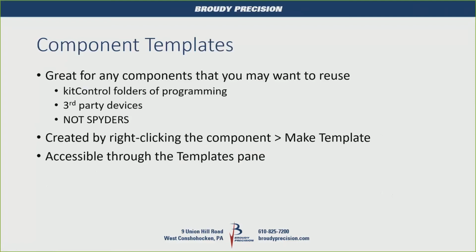I wouldn't recommend doing it on spiders because they have all kinds of extra stuff that they rely on, but basically anything else, so long as it doesn't rely on some extra files and things, you should be okay to use. And they're created the same way, you just right-click the component instead of the config container and do a make template. And then they're accessible through a pane in Workbench called templates.